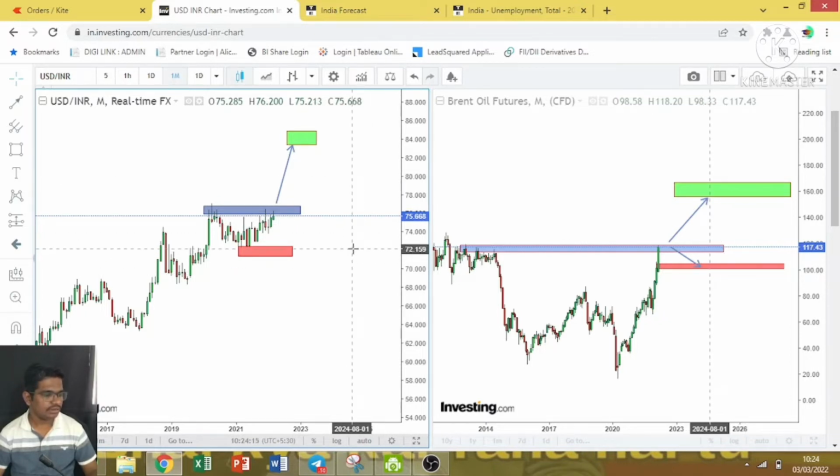But there is also a downside possibility. If we are going long with USD INR, we have to keep a stop loss at around 72. I know it is a very large stop loss, but in terms of target we are focusing on 84 or 82.